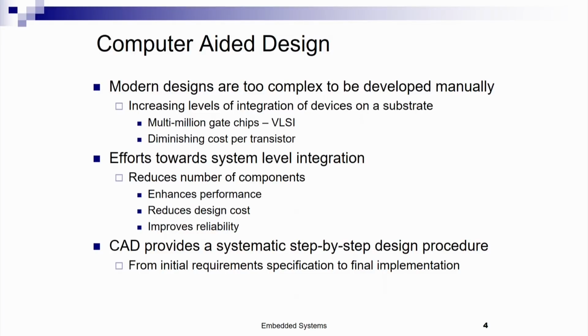Hence, we need CAD, which provides a systematic step by step design procedure from initial requirements specification to the final implementation. So, first, before the embedded system is designed, we only have initial English language. Let us say these are the requirements that my device should satisfy. These are the kinds of requirement specification we have.